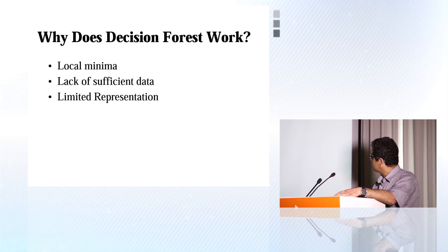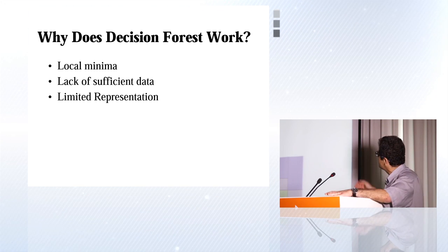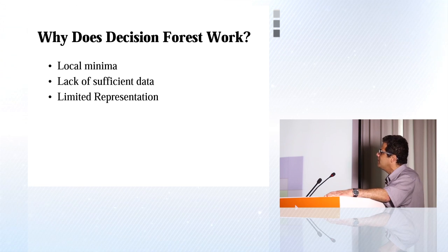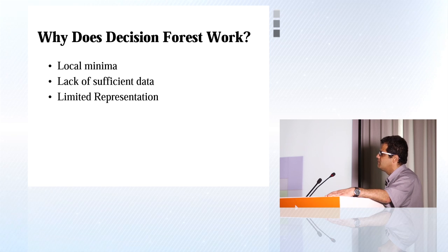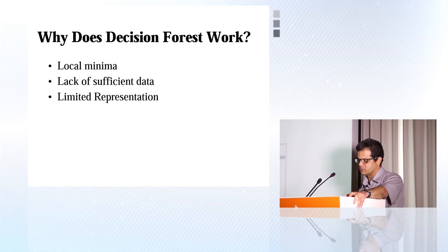So if we combine several decision trees, the combination can provide us a model that is much more complicated than the individual members. And this is why ensemble learning usually works, specifically with decision trees.